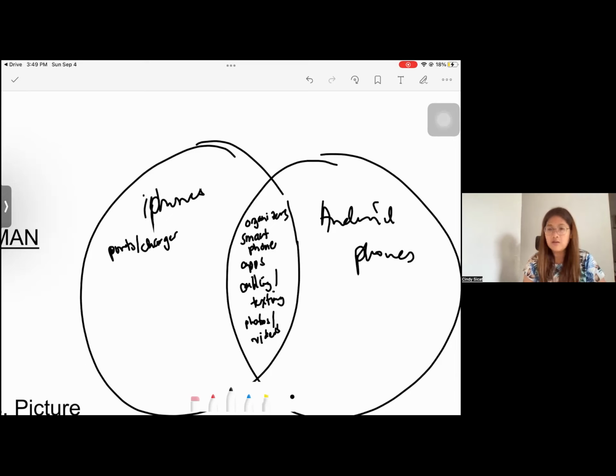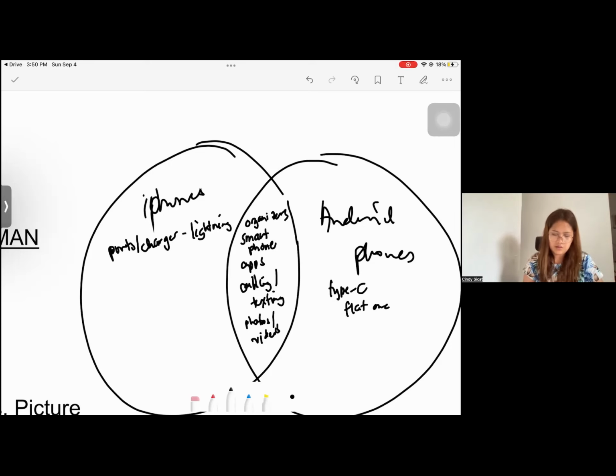The iPhones technically use Lightning or the latest one. I don't know the type. And the Android phones also have the Type-C or the traditional flat one, whatever you call it.